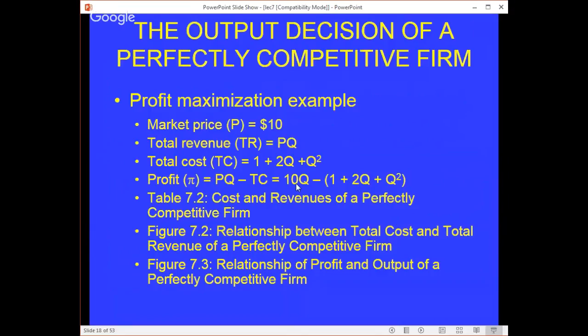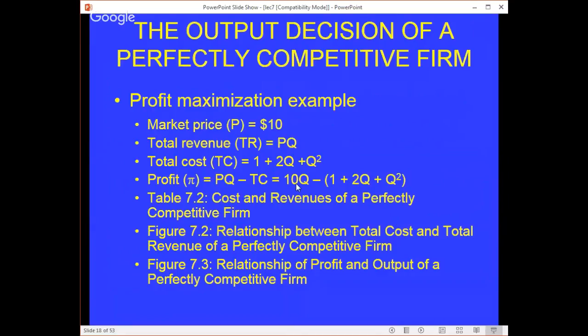What's our definition of marginal cost? Okay, perfect. It's our change in total cost with respect to Q, so we take the derivative of the cost function. And as the colleague said, it's 2 plus 2Q.